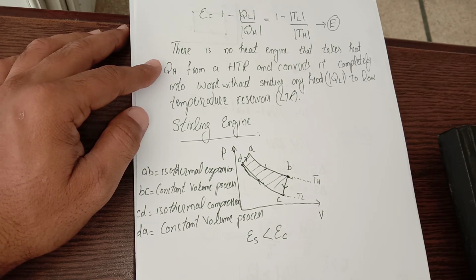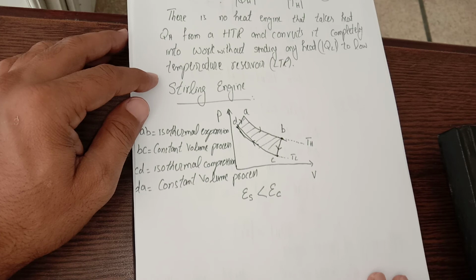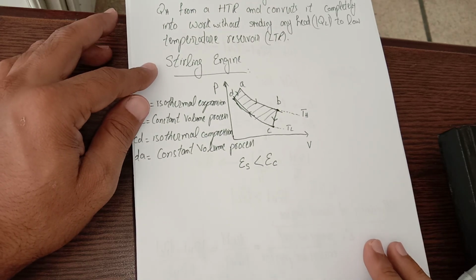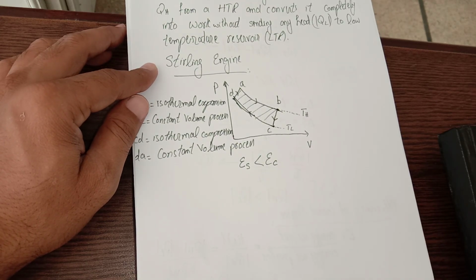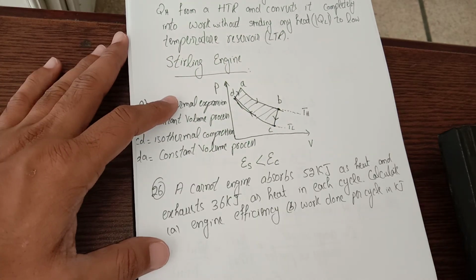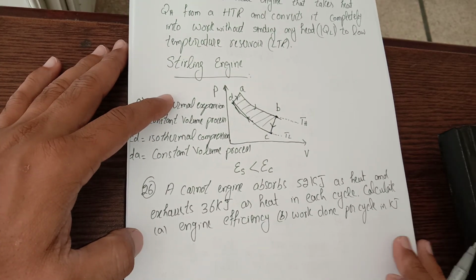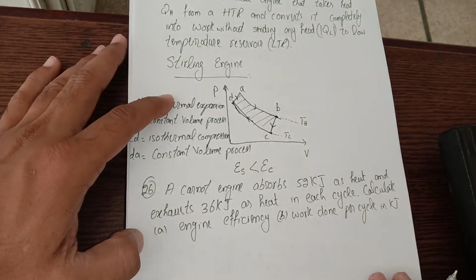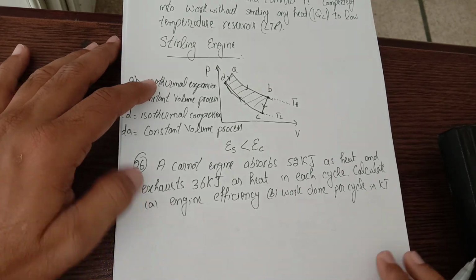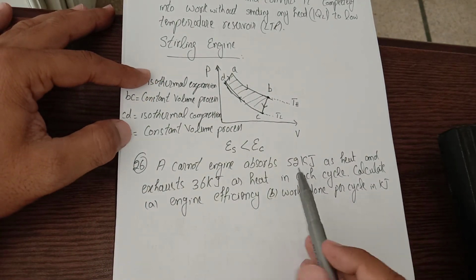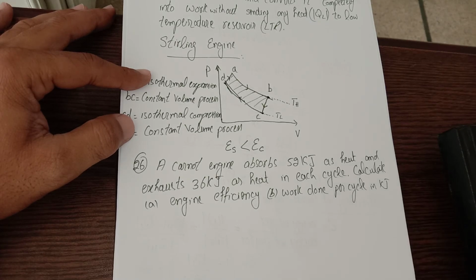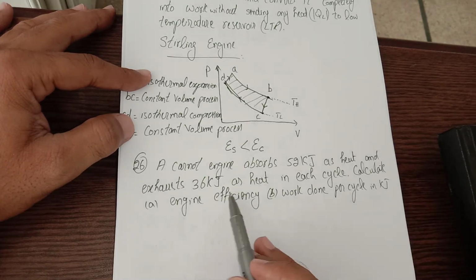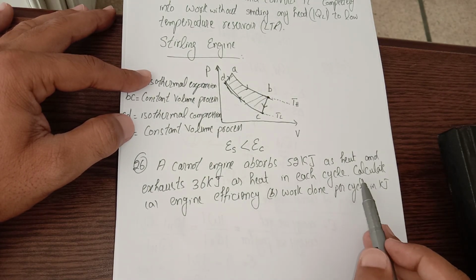Now I would look into a numerical to clarify these points for you. This is numerical number 26 of the book by Halliday, Resnick and Walker. A Carnot engine absorbs 52 kilojoule as heat and exhausts 36 kilojoule as heat in each cycle.